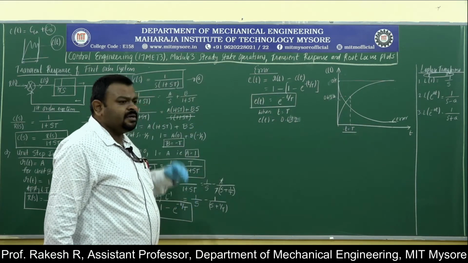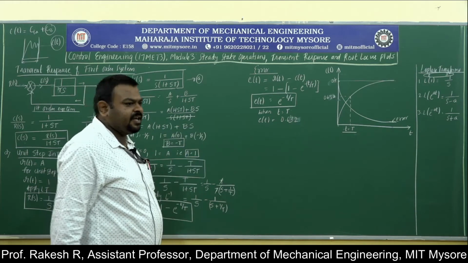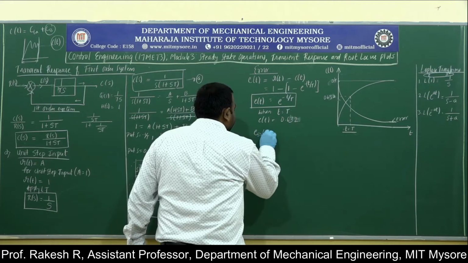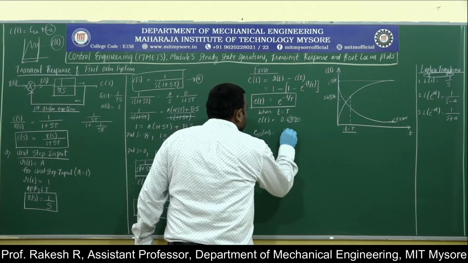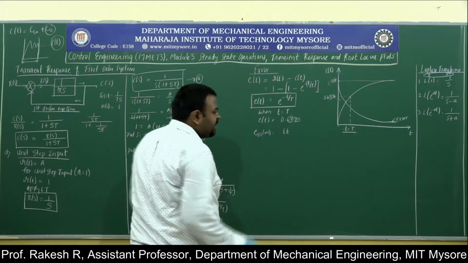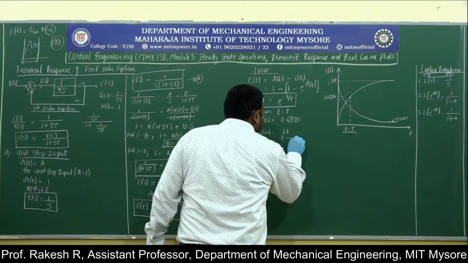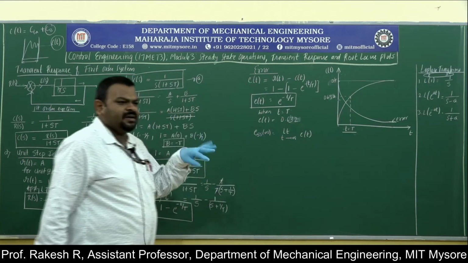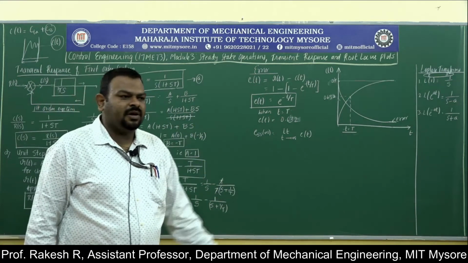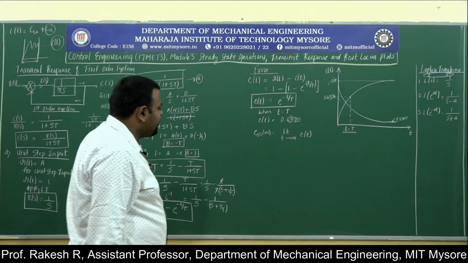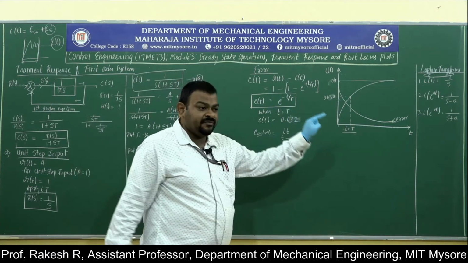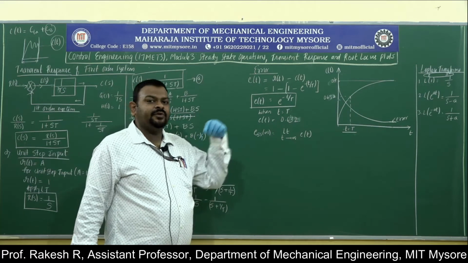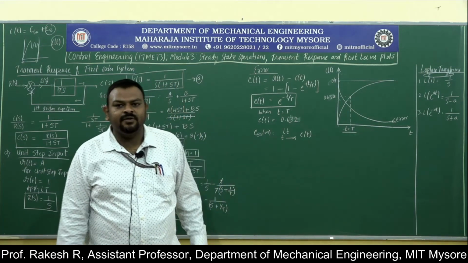Apart from this, the steady state error is very important. What is steady state error? Steady state error is nothing but the limit of t tends to infinity of e of t. In previous sessions, we wrote the error signal in terms of S, so there was a conversion from t to S using the final value theorem.